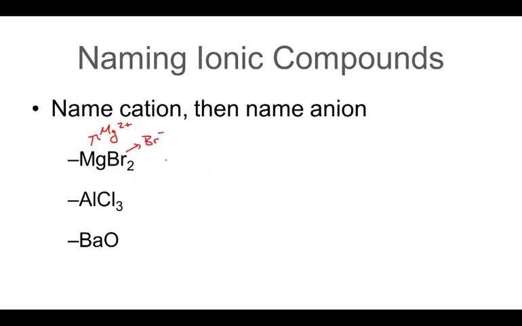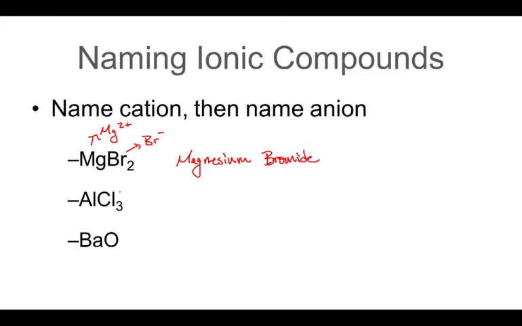Right? So the name of this guy is simply magnesium. Remember, cations are named with just the element name like normal, and anions are named with the name of the element, but we change it to -ide. So instead of bromine, it becomes bromide.